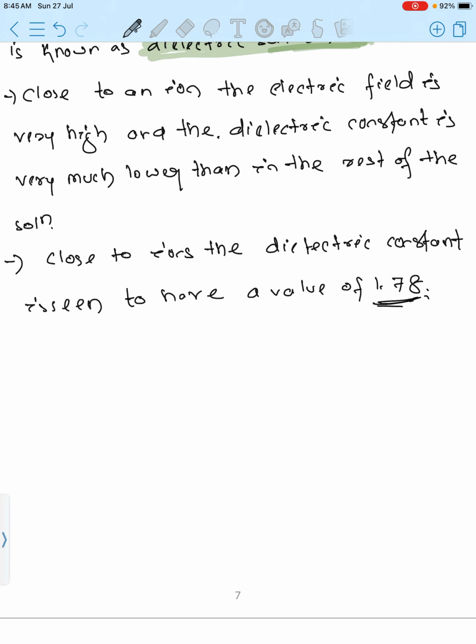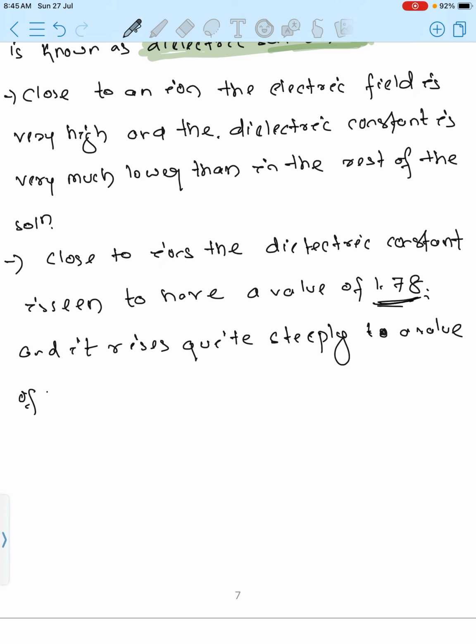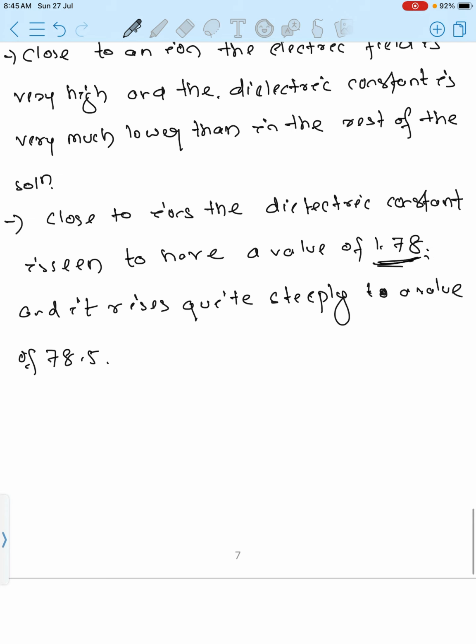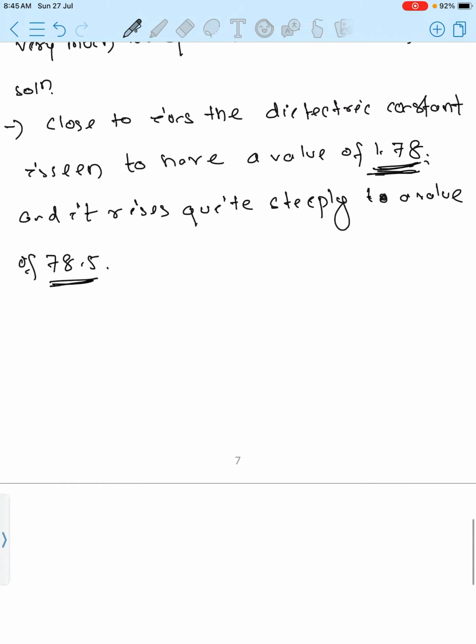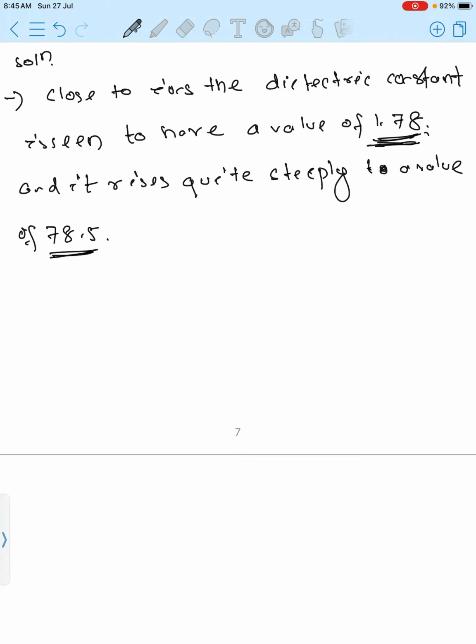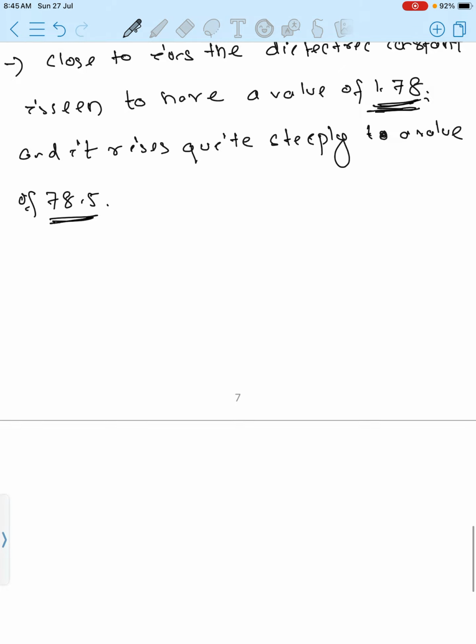Close to the ion, it is about 1.78, and it rises quite steeply. There is a sharp increase to a value of 78.5. That means near the ion it is about 1.78, and far away from the ion it is about 78.5. Let us see a graph.